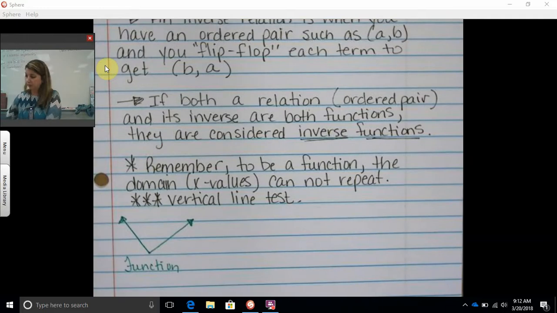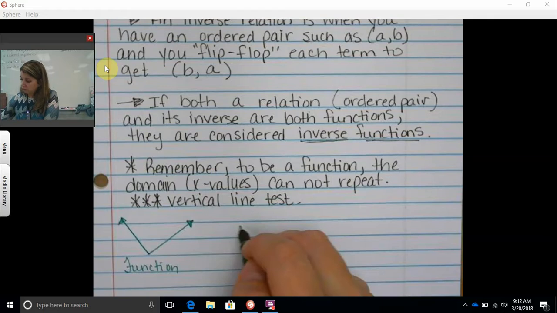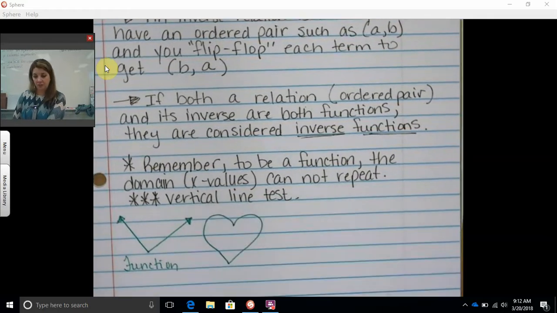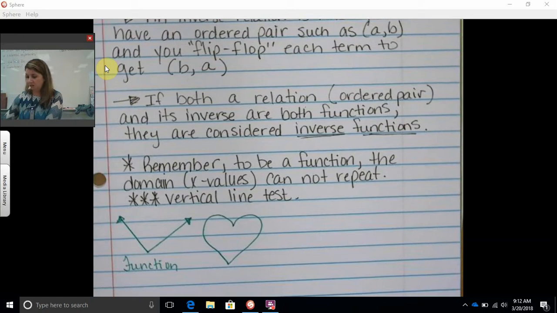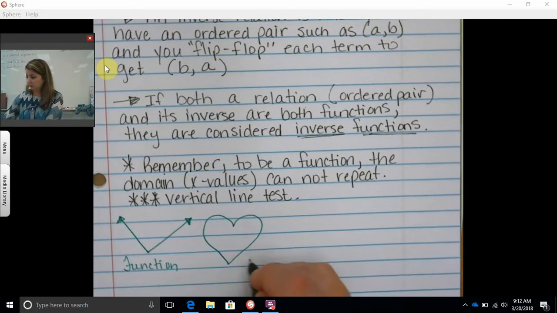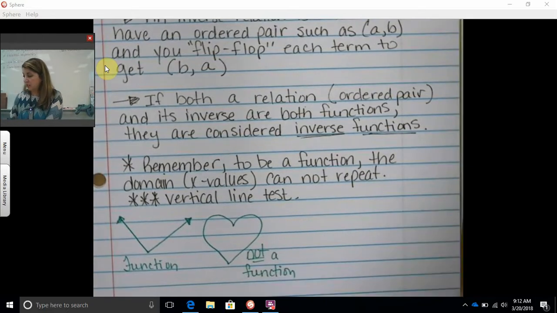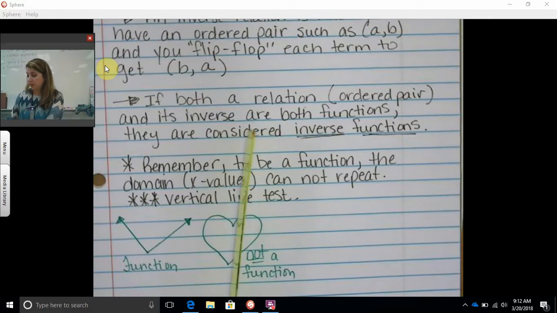So that would be a function. Not a function. Graphically, it does not pass my vertical line test. There's several places where it would touch my vertical line more than once. Okay? So not a function.